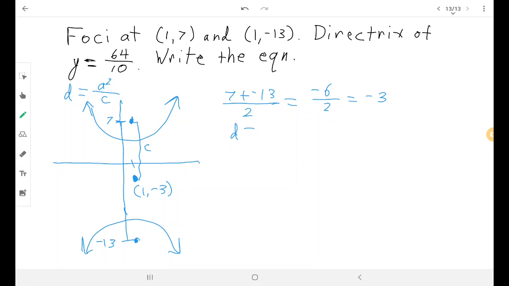So now I have that piece of information. Then the directrix distance is something that I still have to figure out, right?